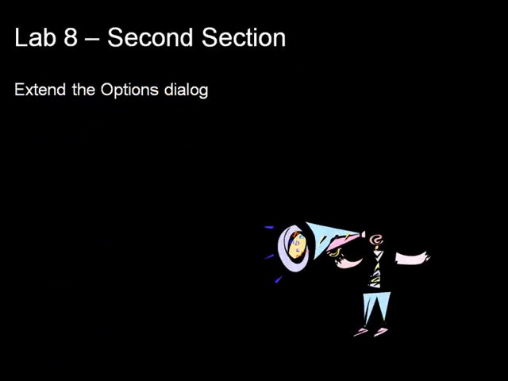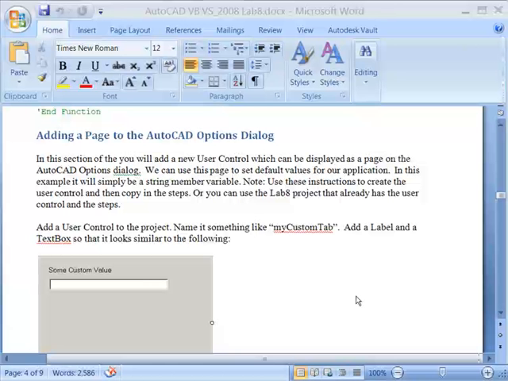Now let's see how to use the API to add a tab to the options dialog by going through the second section in Lab 8. In this part of the lab, we'll add a page to the AutoCAD options dialog. In the Visual Studio project that's provided for you, this user control is already in the project.